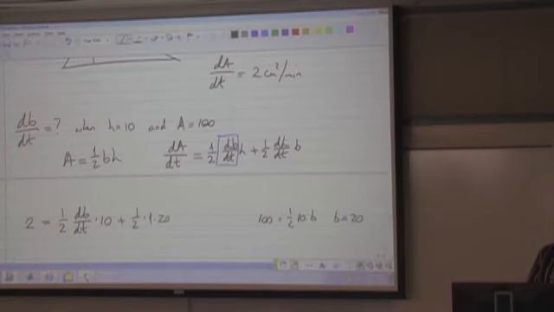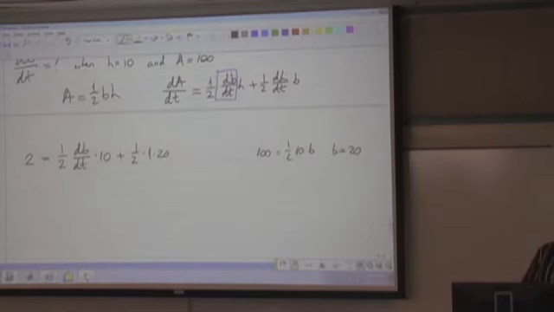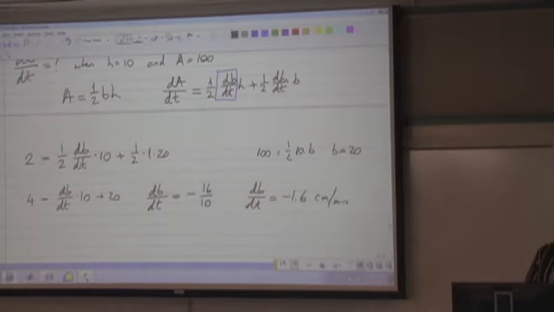So times 20. So 4 is equal to db over dt times 10 plus 20. So db over dt is equal to minus 16 over 10, so db over dt is equal to minus 1.6 centimeters per minute.